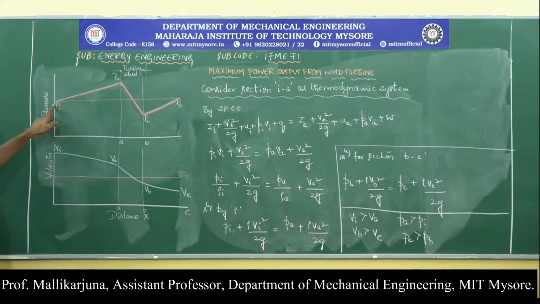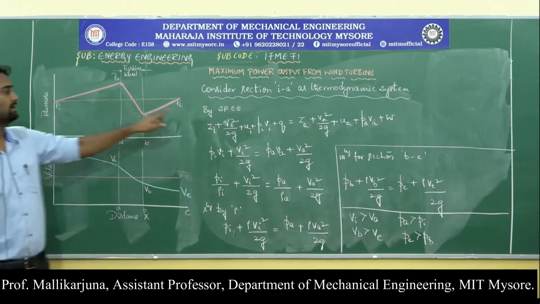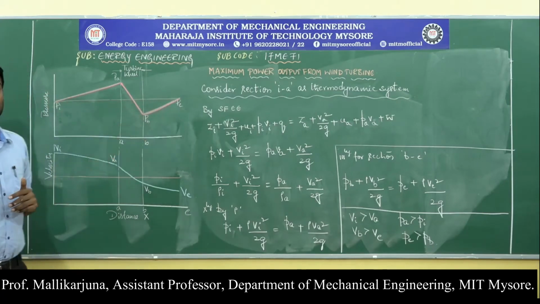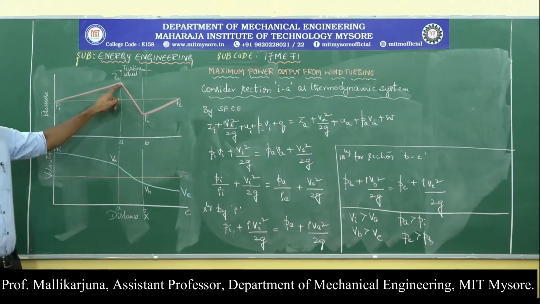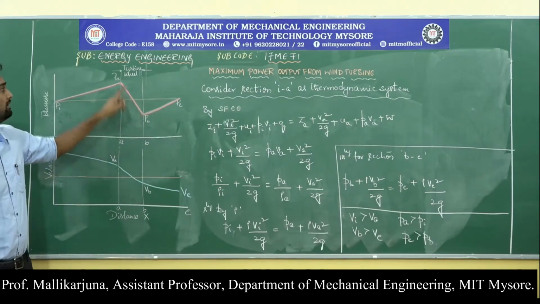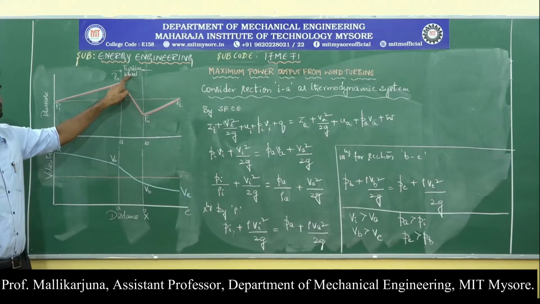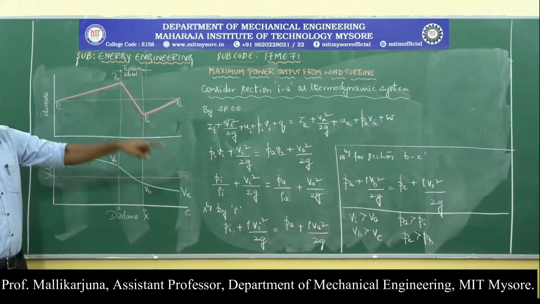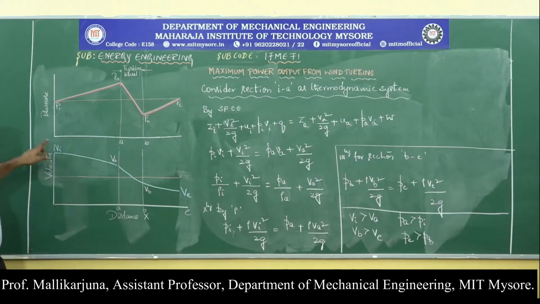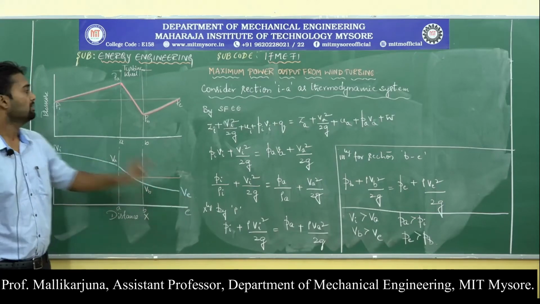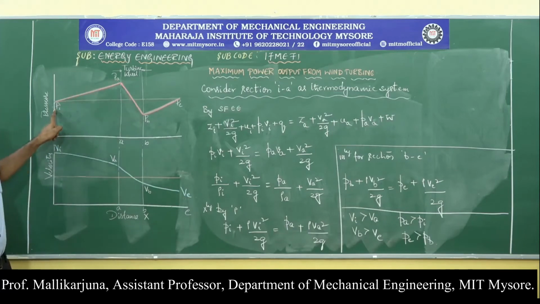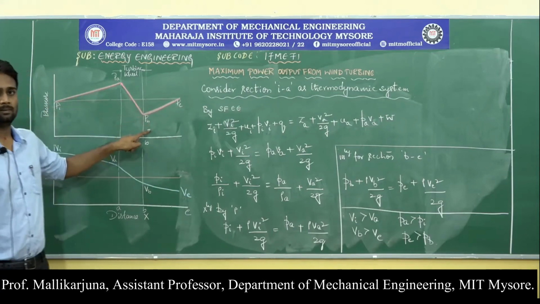I mean at the initial stage Pi and at the end stage Pe, we need to have the same pressure, that is nothing but the atmospheric pressure. Pressure variation will be rapid when wind strikes the blades of the turbine. So that is the condition I have written over there. Vi is greater than Va and Vb is greater than Ve. Pa is greater than Pi and Pe is greater than Pb.